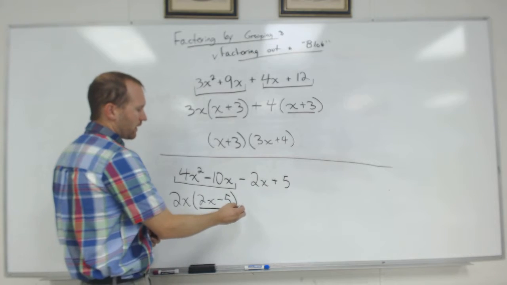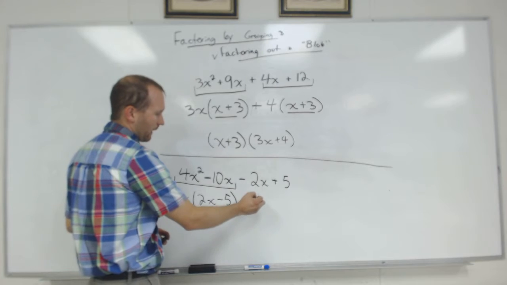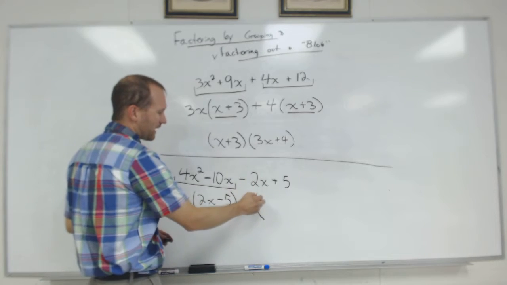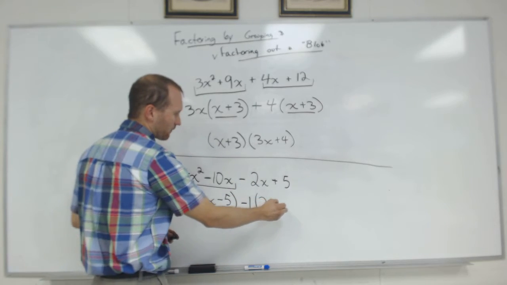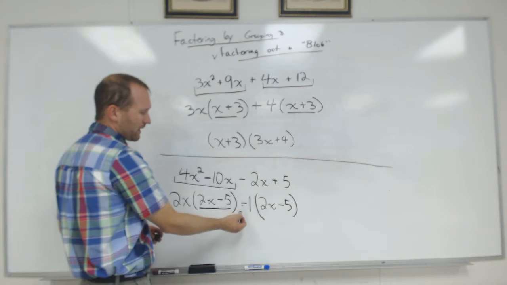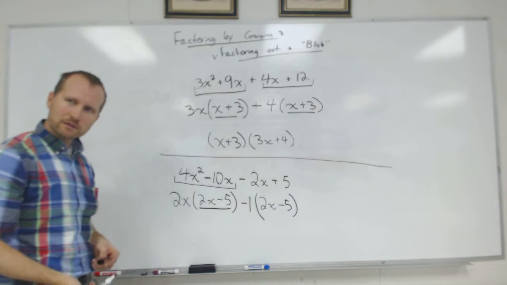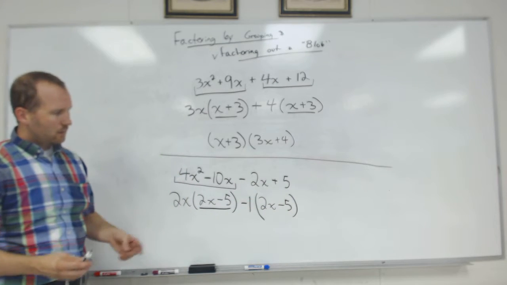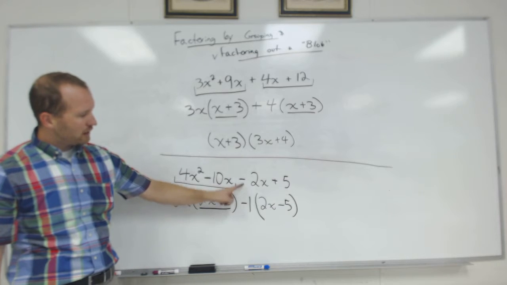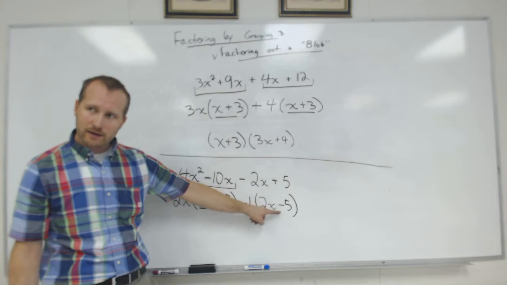So I could actually pull out a negative 1. And do you see how what's left is a positive 2x and a negative 5? Because the negative 1, the minus, distributes to both things in that second set of parentheses. So when I pull out a negative, I have to remember to switch that second sign.